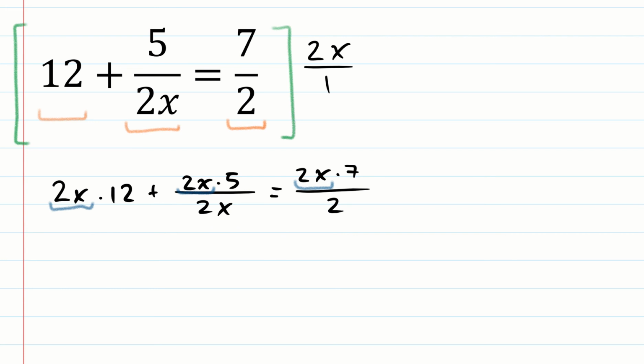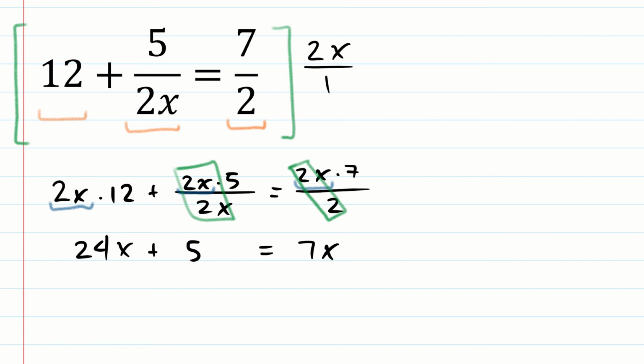This is going to become 2 times 12, which is 24x, plus, a giant 1, 2x over 2x, which means this just becomes the number 5, equals, and 2 over 2 is also a 1, so over on the right hand side we're left with 7x.